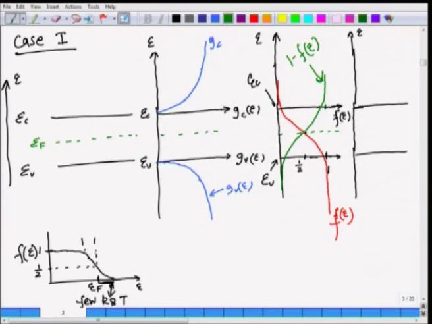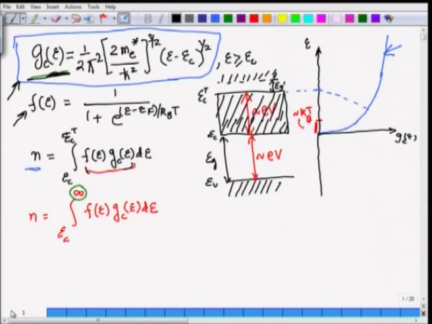All right. Now, f of E and 1 minus f of E are plotted here, and g c is plotted here. If you look at this, what do I need to integrate? I need to integrate the product of f of E and g c of E in order to calculate n. So, what I am going to do is plot this product.